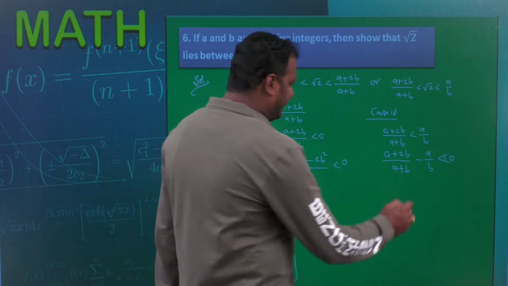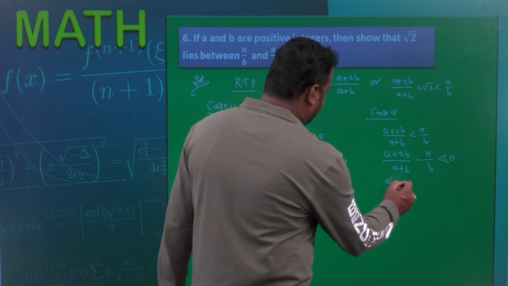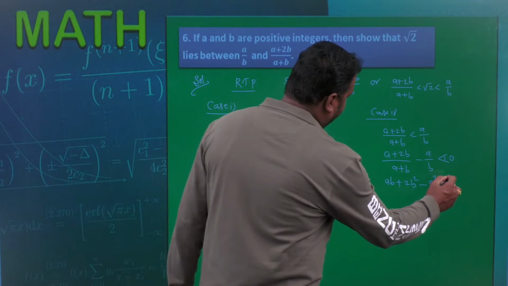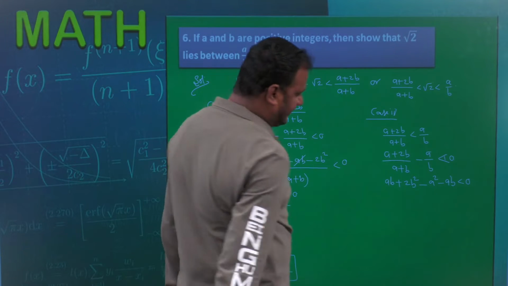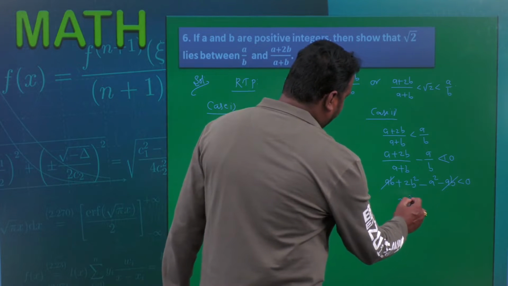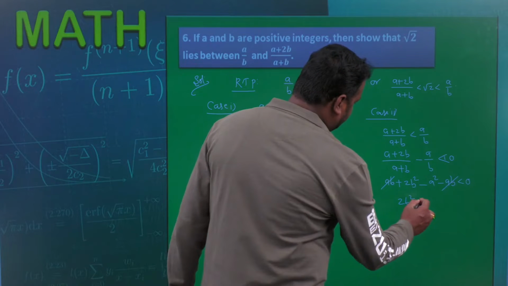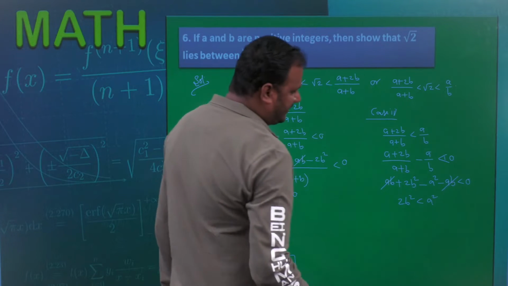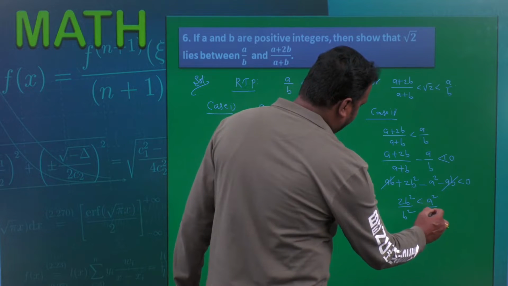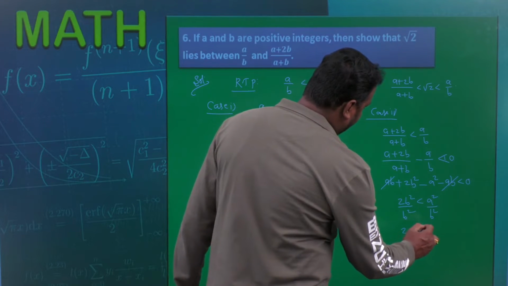Again, a into b is ab, plus 2b square minus a square minus ab, less than 0. I am writing directly. So ab gets cancelled. Here, transposing 2b square, minus a square is less than that side, then divided by b square, 2 is less than b square by a square.